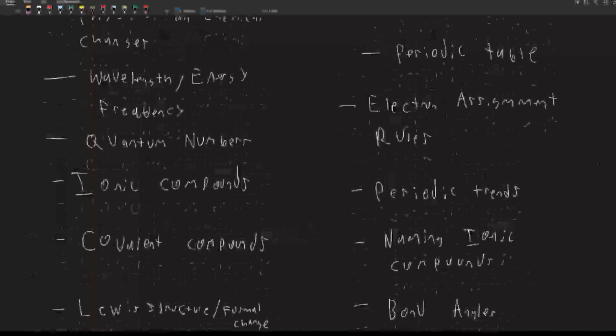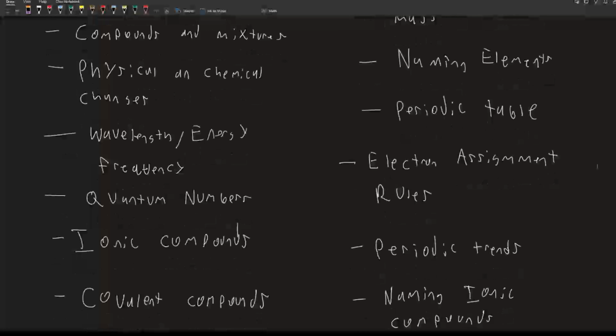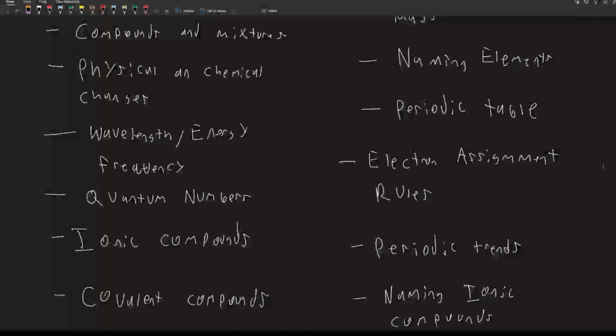It's mostly in the electronic structure. The Chem 111s don't need to know quantum numbers.